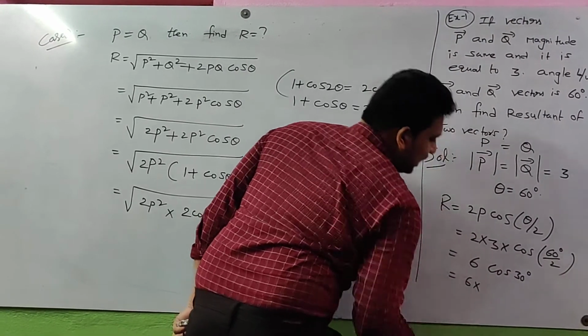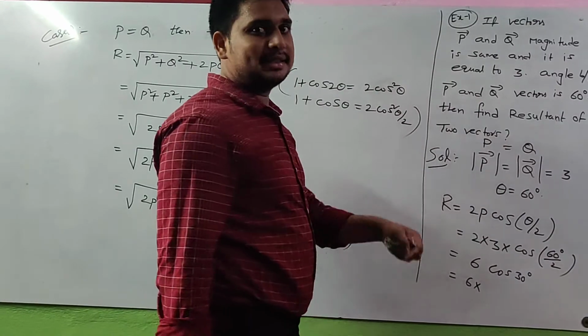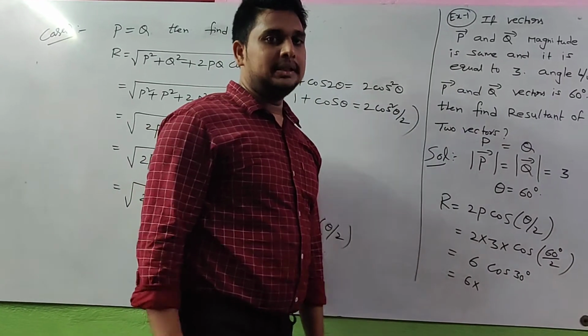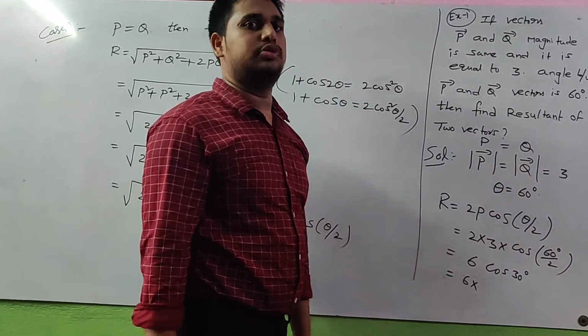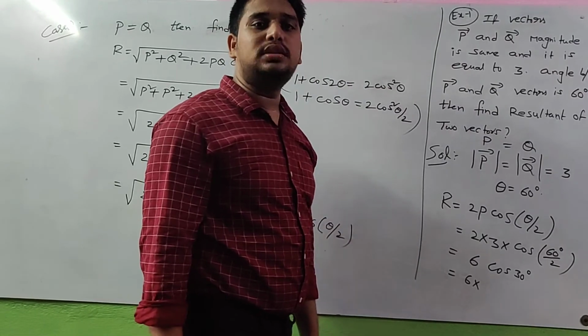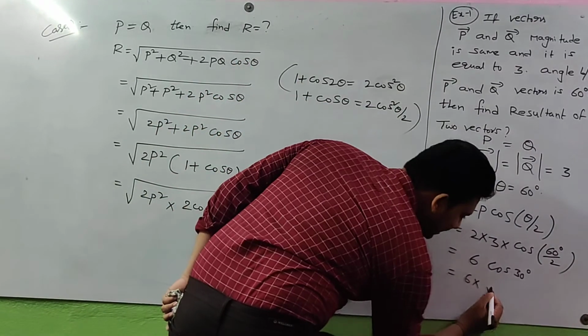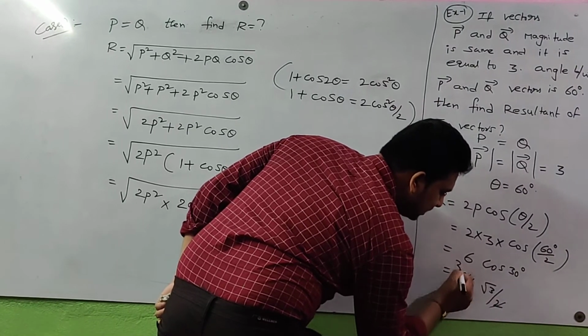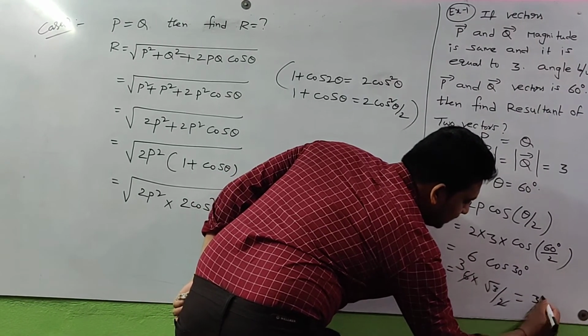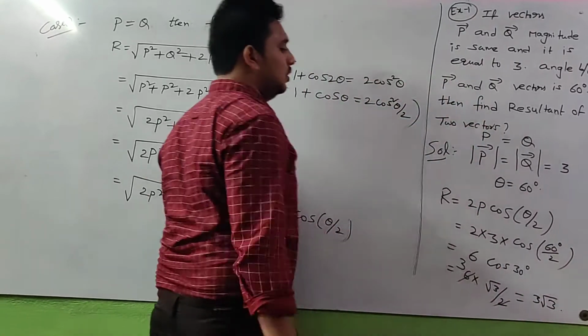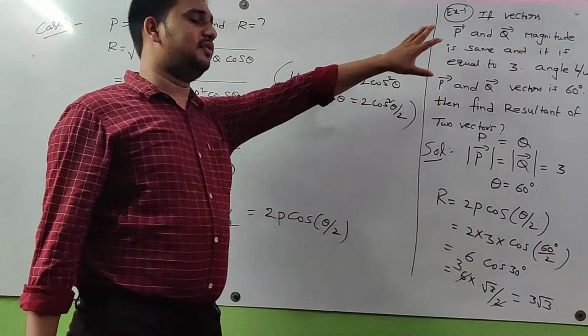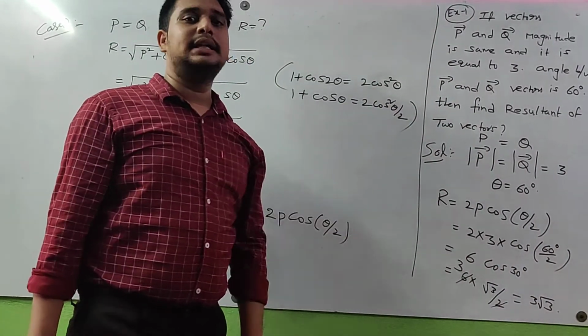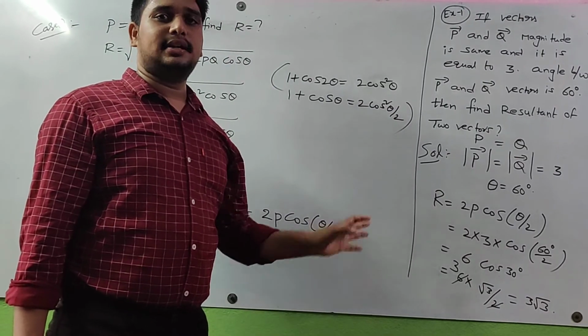Cos 30 and sin 60 have the same value. Sin 60 is root 3 by 2, so cos 30 is also root 3 by 2. The 2s cancel, and we get 3 root 3. So the magnitude of the resultant of these two vectors is 3 root 3.